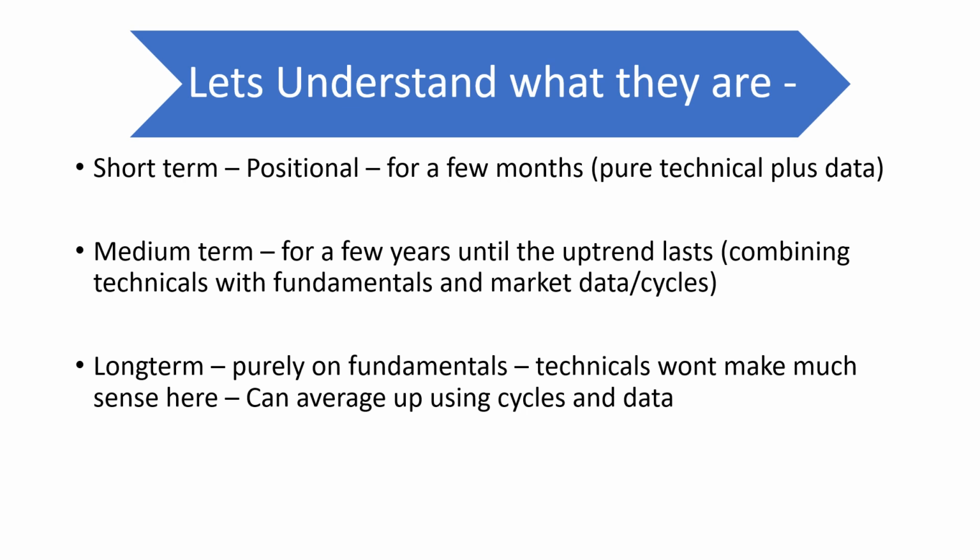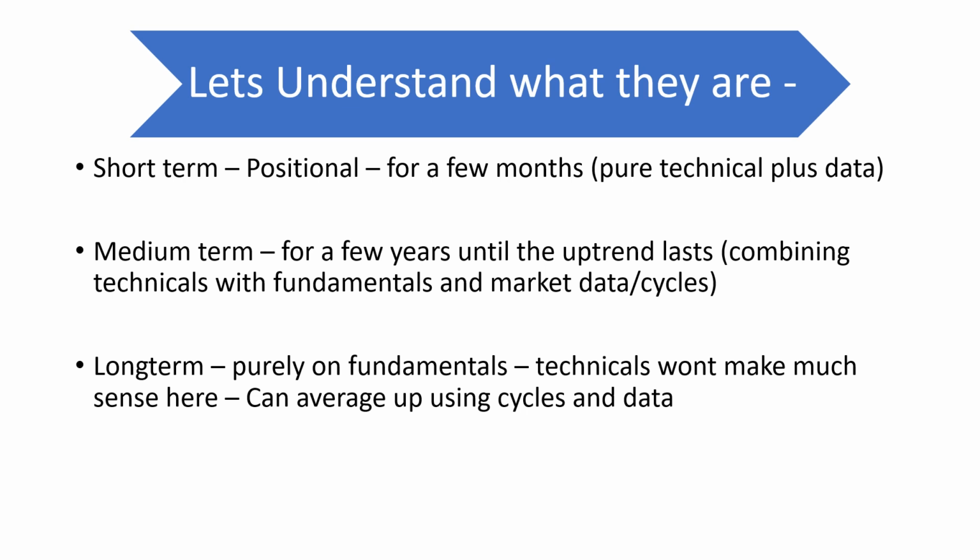If you look at Mr. Buffett and all of those, they never really used technicals to play their long term. What they actually look for is great quality, that is all the fundamental points. And what you can do is average up using these cycles and the data.